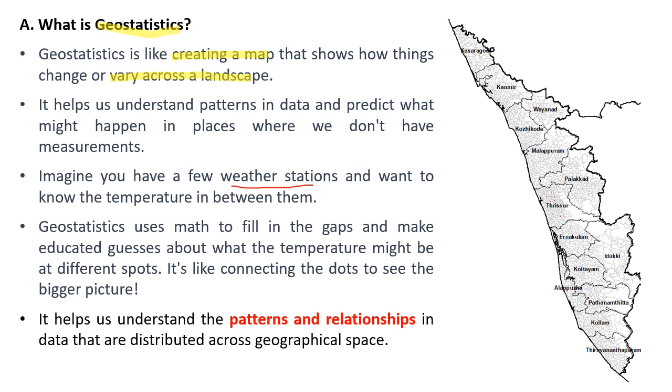With the help of those records, and using geostatistics, you can fill the gaps and make research-based guesses of what the temperature might be at different spots. So it helps us to understand the pattern and the spatial distribution. And if we have more than one variable, then we can establish the relationships also.